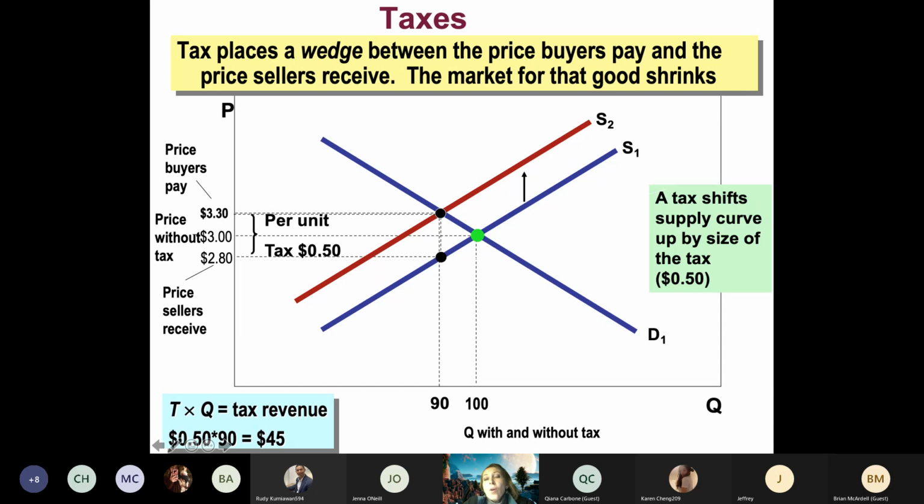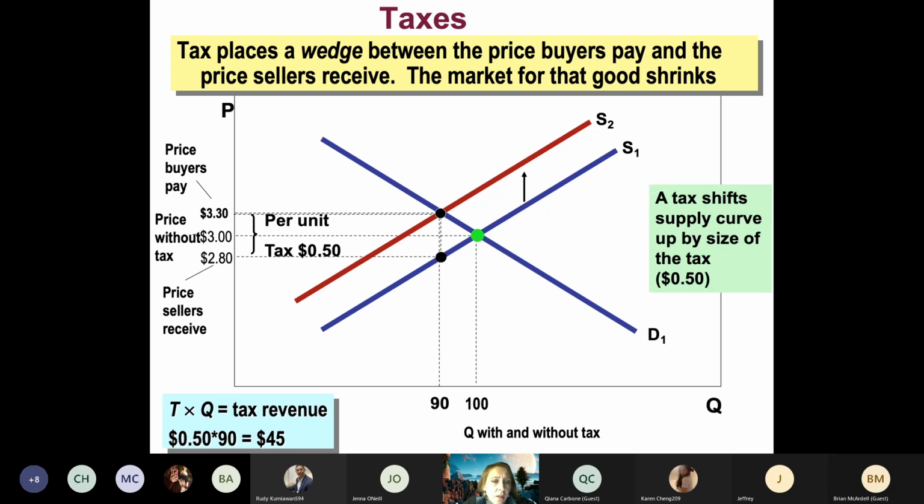So it's as if the entire supply curve shifts up by 50 cents. That's why we drew this second supply curve, which is red. It's higher by 50 cents. You can actually not draw that entire supply curve. You can just draw the wedge that the tax puts.